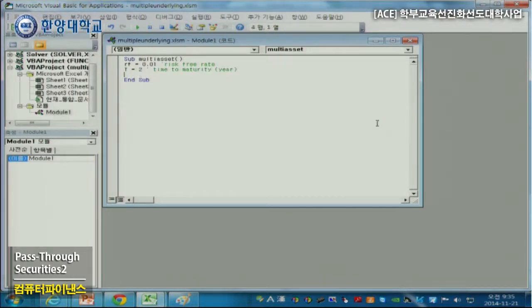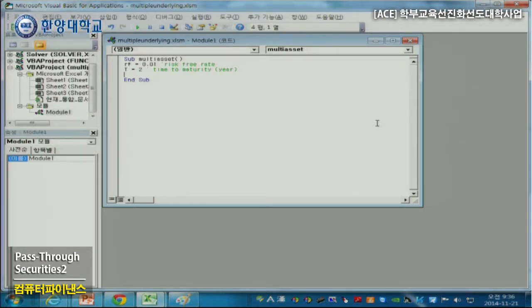And then what else do we need? Stock price. Because I want to think about everything in terms of a dollar amount invested, we don't need the stock price right now because everything is measured in dollar, how much you invest in actually. So instead of stock price, we need volatility of underlying assets.